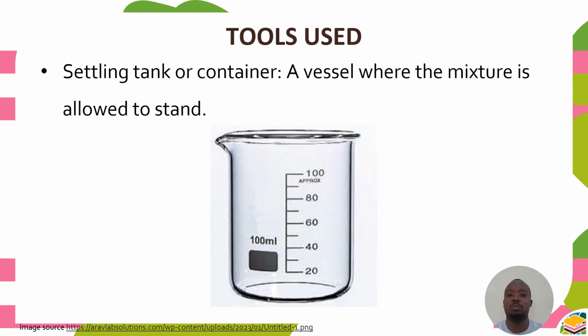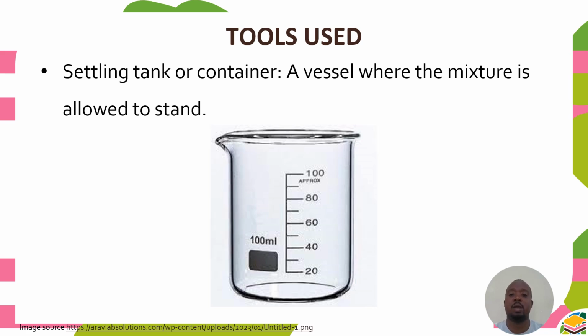Now, what are the tools used? You will need a settling tank or a container or a beaker. Here I have an image of a beaker, which is a vessel where the mixture is allowed to stand.